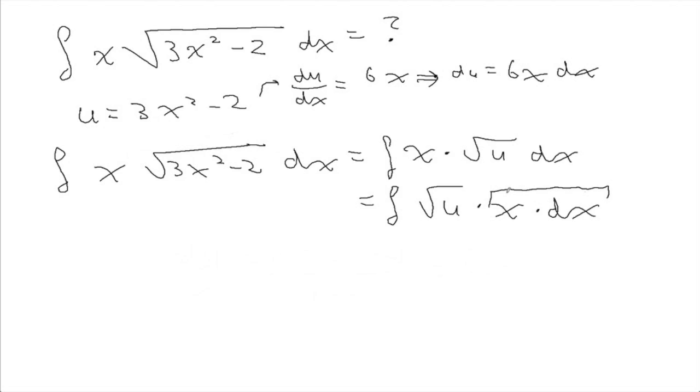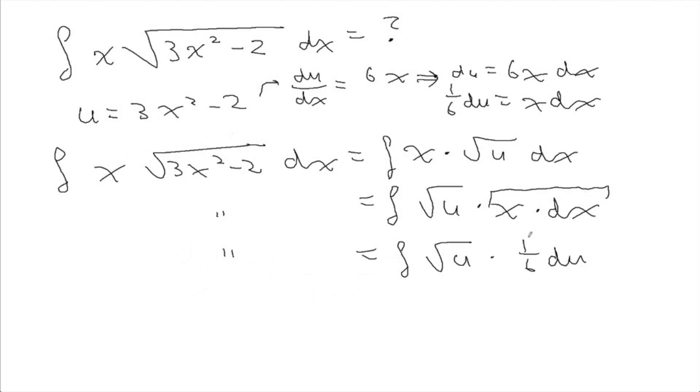So now we can rewrite it as 1/6 times du equals x times dx. Okay, good. And now, how can I rewrite this term? Okay, so let's see. Now we can rewrite this as the integral of the square root of u times 1/6 times du.